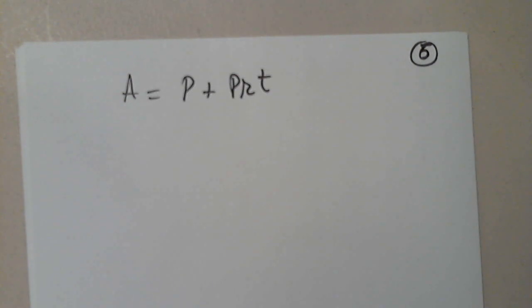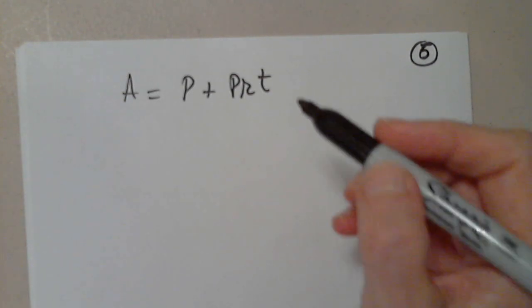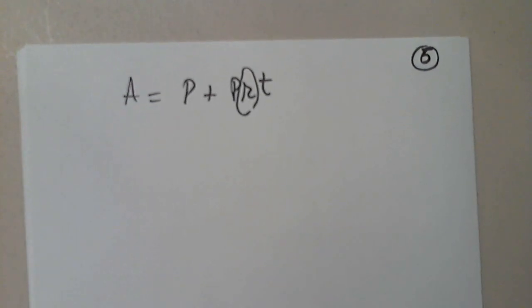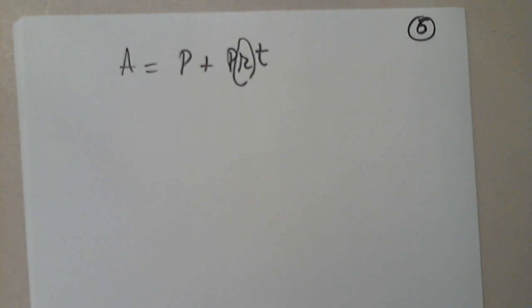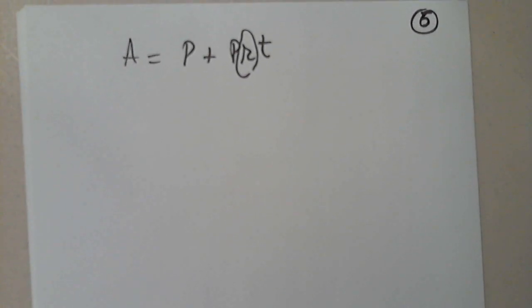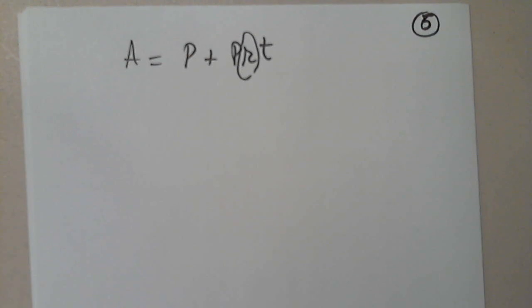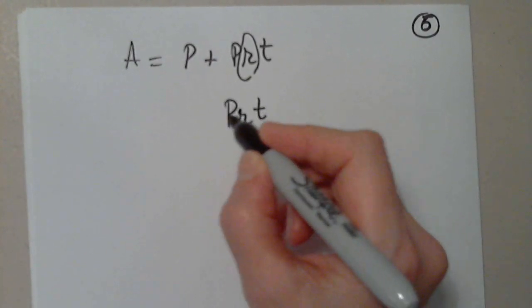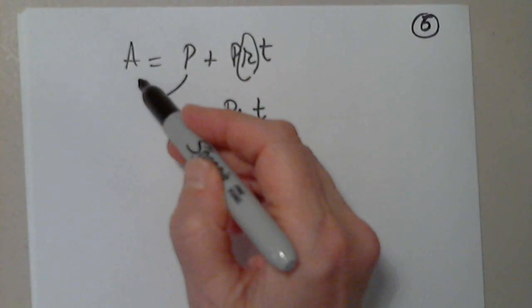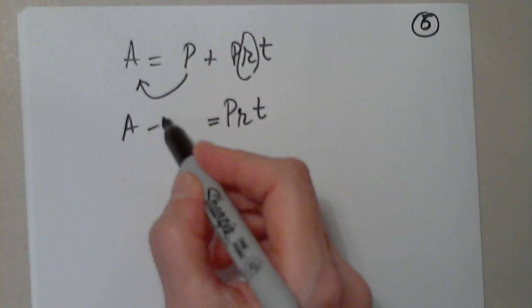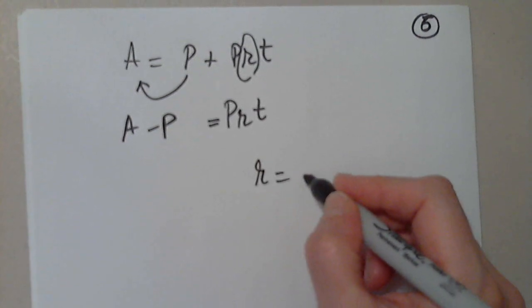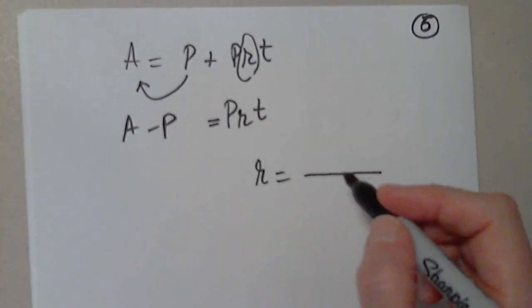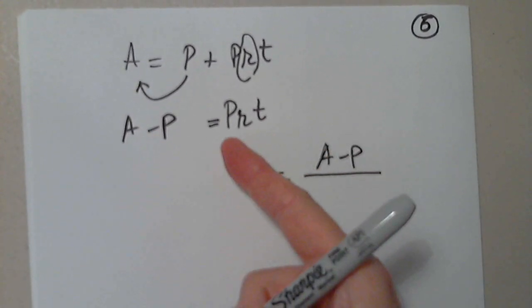Next step. Next step is A minus P, and finally R equals A minus P over PT.